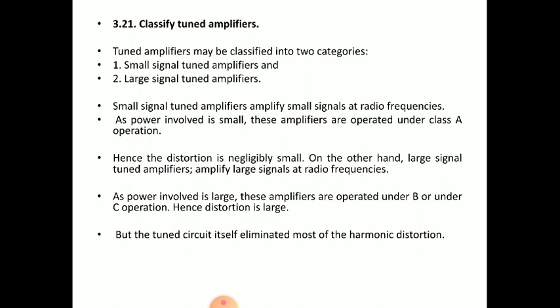What are harmonic distortions? Harmonic distortion means if there is an input signal with frequency f, in the output there may be a possibility that multiples of this frequency will appear, that is n multiples: 1 into f, 2 into f, 3 into f, 4 into f, like that. Those types of frequencies may appear in the output.